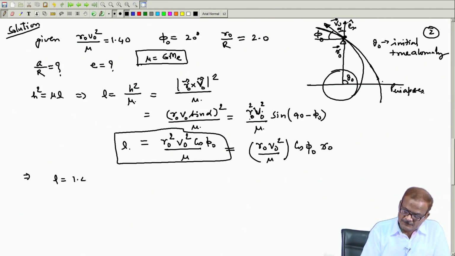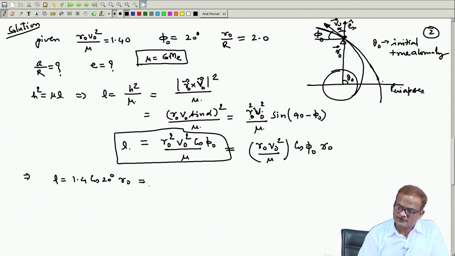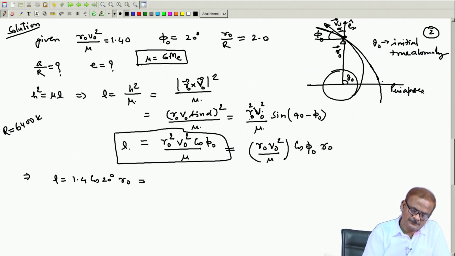So, we insert the values: this becomes 1.4 cos 20 degrees, and r 0 is 2 times R. For the time being, let us keep it like this: L equal to 1.4 cos 20 times r 0. We know the value of R is around 6,400 kilometers if you want to take it simply; otherwise a more accurate value is 6,374 kilometers.